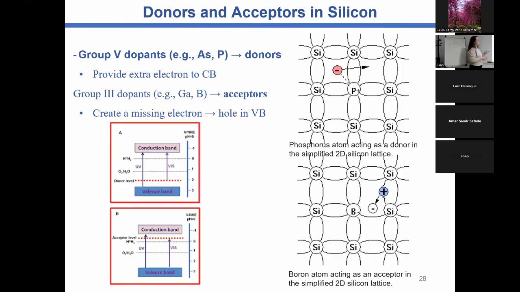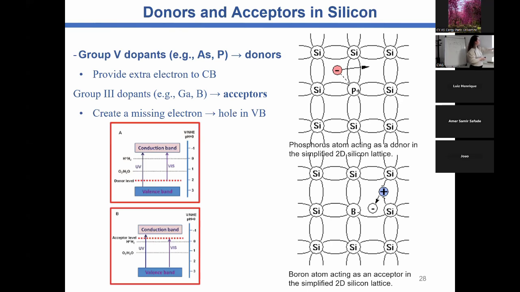So in terms of the band distribution, what we created is that we can move the Fermi energy, depending on the kind of doping that we used.